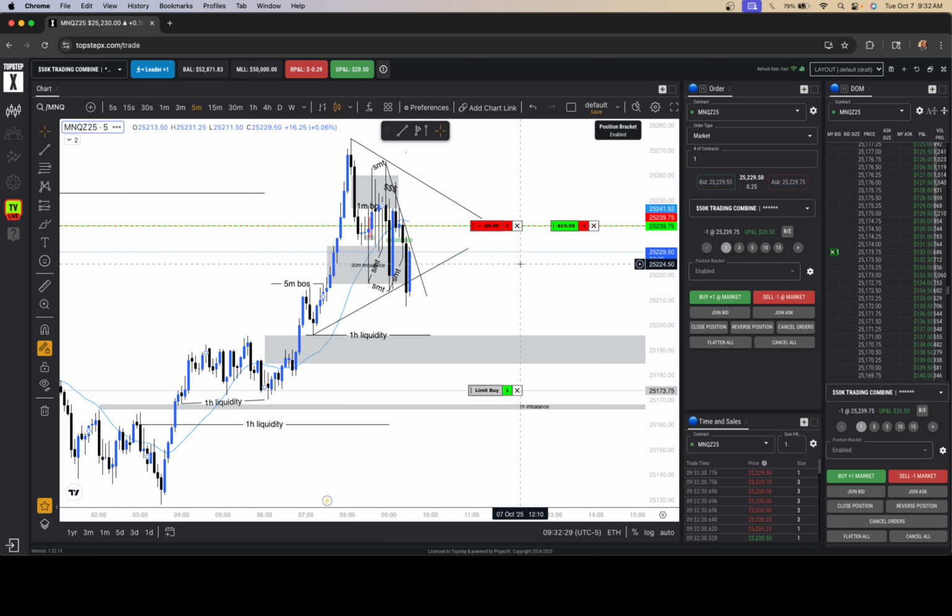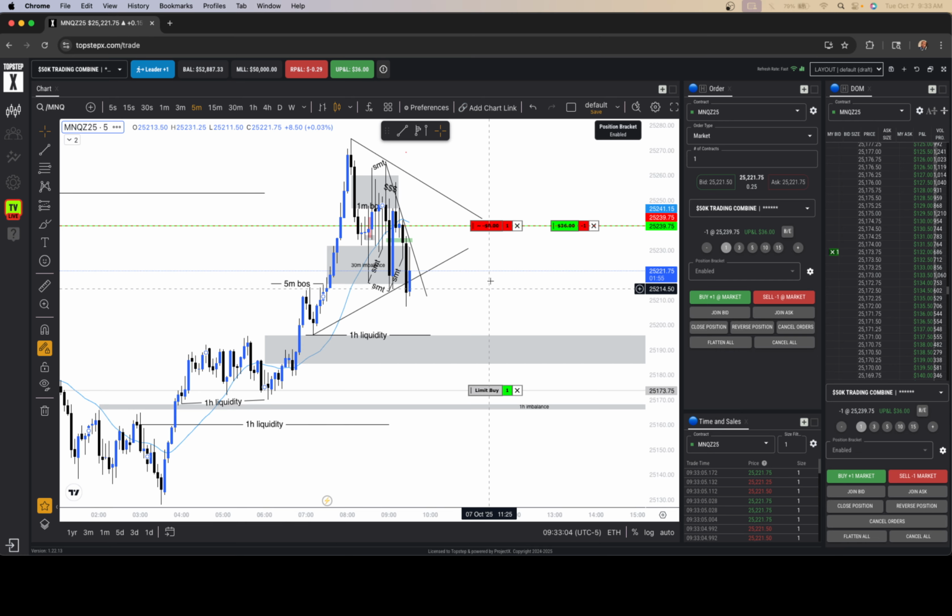There we go. We're sweeping the lows once again. No surprise there. NQ has finally caught up, and we now do not have SMT at the lows.